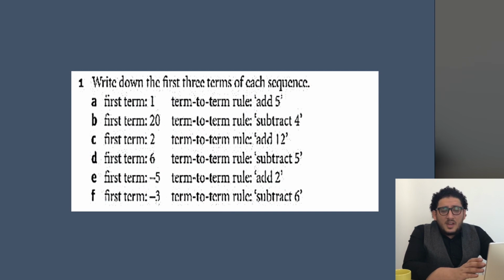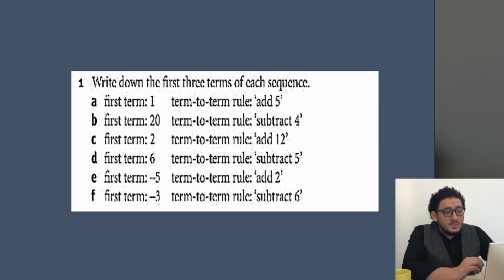Letter A. We want to find a sequence with the first term 1 and the term-to-term rule is adding 5. When I say find the first three terms, it means the first term is already written. So all you have to do is find the second and the third one.